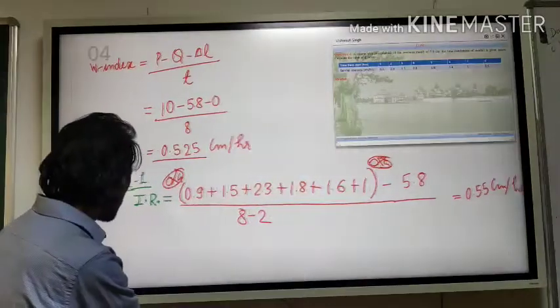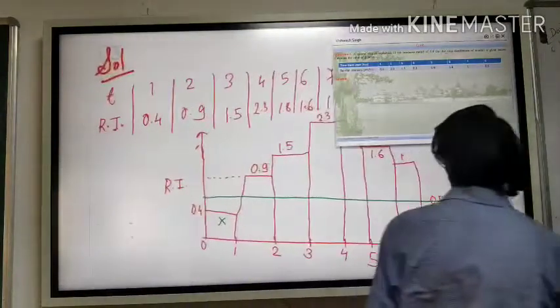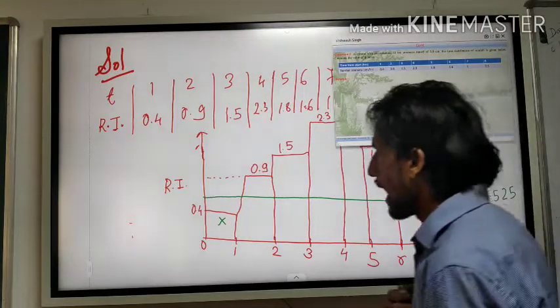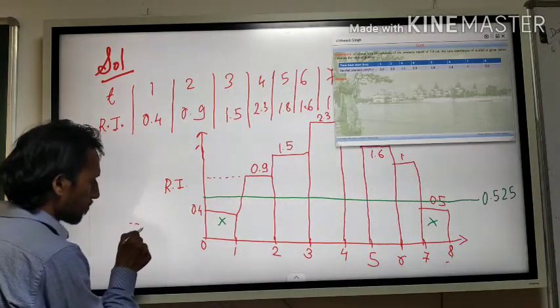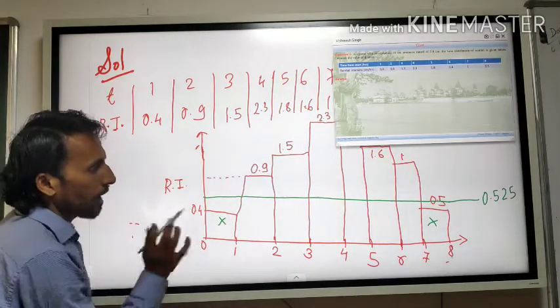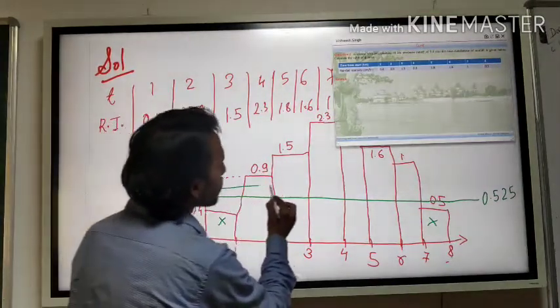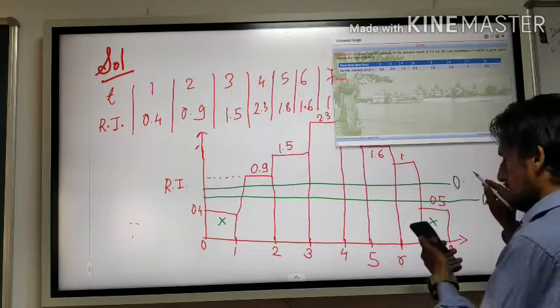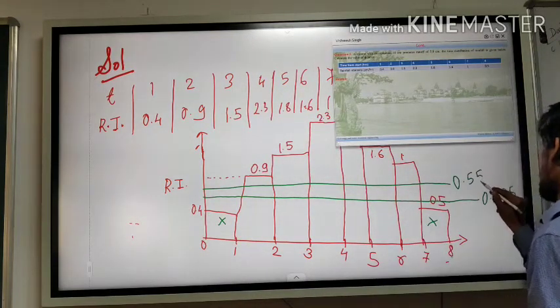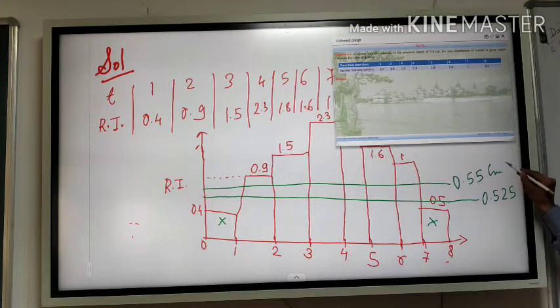So how will you check? You have to come back to your hydrograph and draw it again. You have to draw the value, it is like this, 0.55 centimeter per hour.